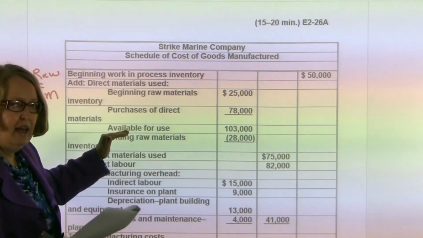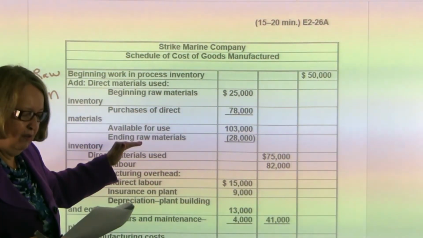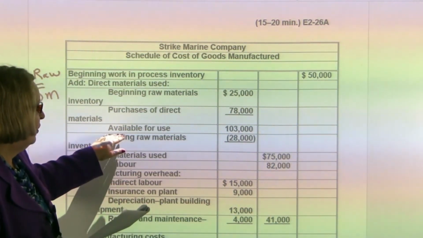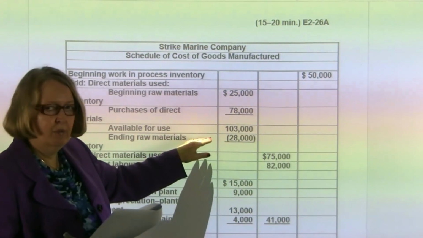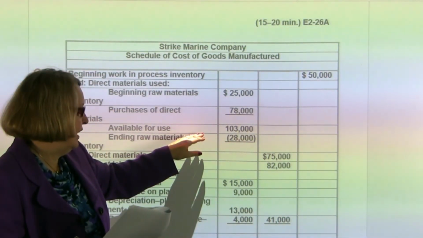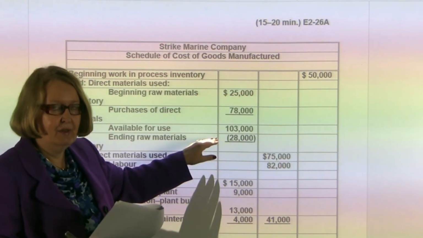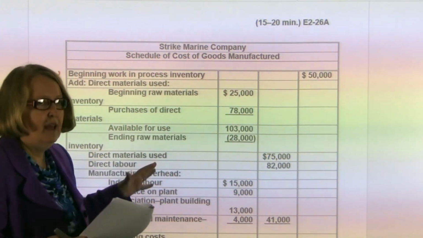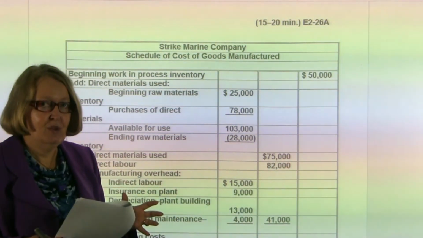You want to see, well, how much have I purchased during the year, and you're given that information as well, 78,000. So the total materials that you have available for use, your direct materials or raw materials, both terms mean the same thing, it's $103,000 worth.